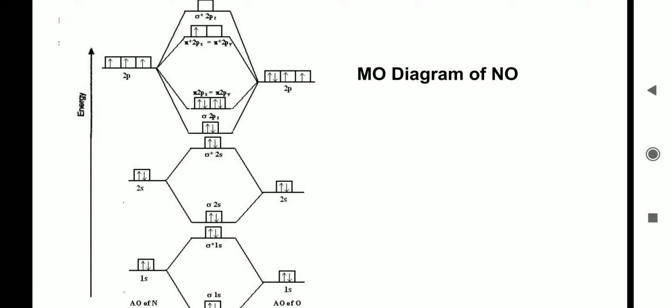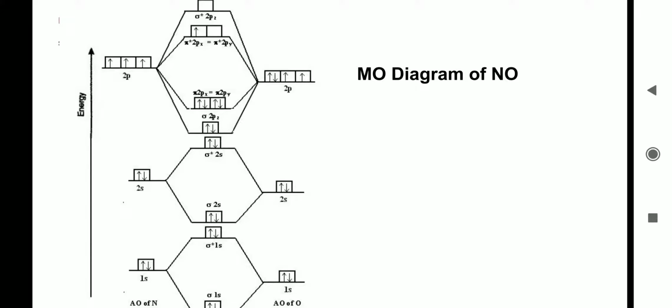Now, the overlap of 1s of nitrogen with 1s of oxygen will result in the formation of two molecular orbitals, sigma 1s and sigma star 1s. One is bonding, the other is anti-bonding. Similarly, in case of the 2s orbital combination of both the atoms, two molecular orbitals, sigma 2s and sigma star 2s, will be formed.